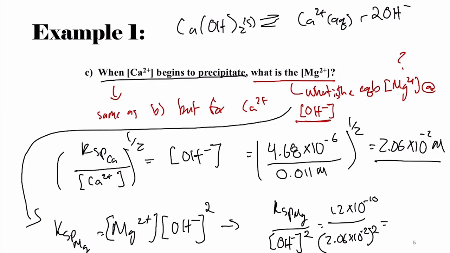All right, so I took this value, that goes in the denominator here because that's our amount of hydroxide that we've added to the solution, and we get 4.9 times 10 to the minus 10.